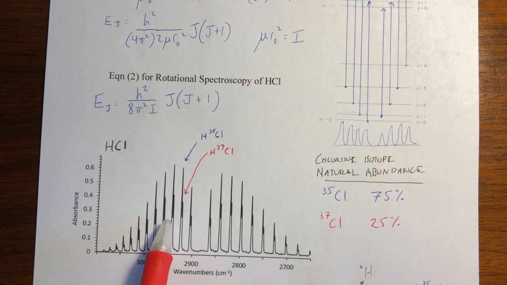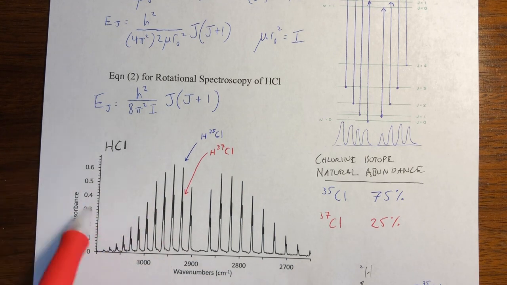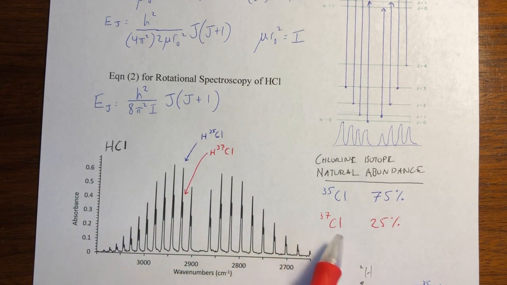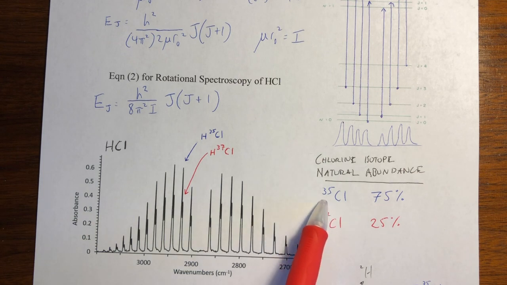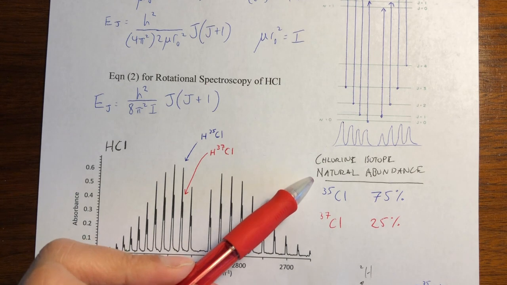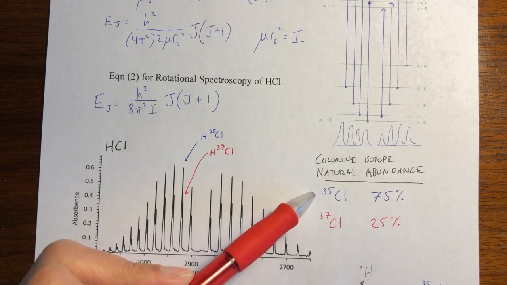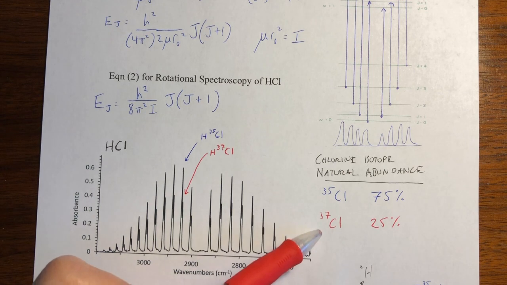So in each of these spectra, what you will see are two sets of little peaks, and that has to do with the natural abundance of the chlorine isotope. So chlorine does not all exist with an atomic weight of 35. Chlorine has a 75% abundance of chlorine 35, and it has a 25% abundance of chlorine 37 with 2 additional neutrons.